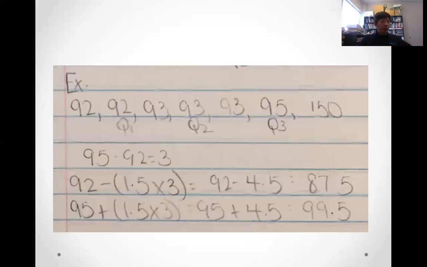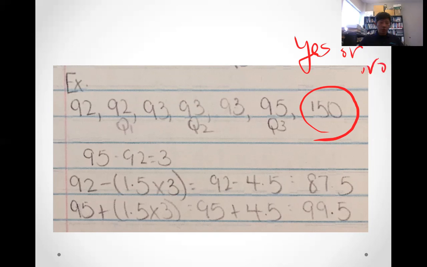Okay, so now here is an example. Here I want to find out: is 150 an outlier? Yes or no? Let's find it out, okay? So first of all, again, we have to find Q1, Q2, and Q3, okay?